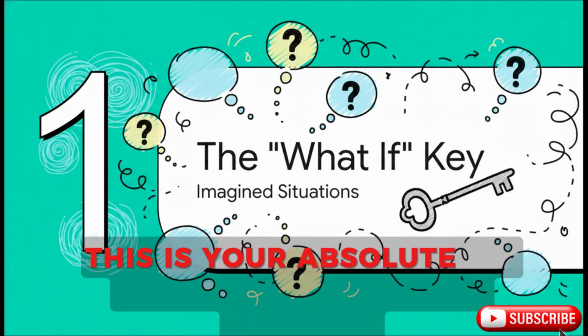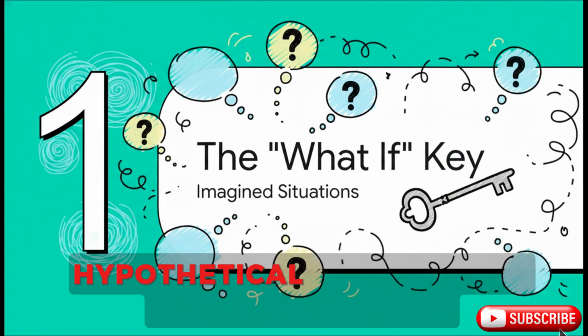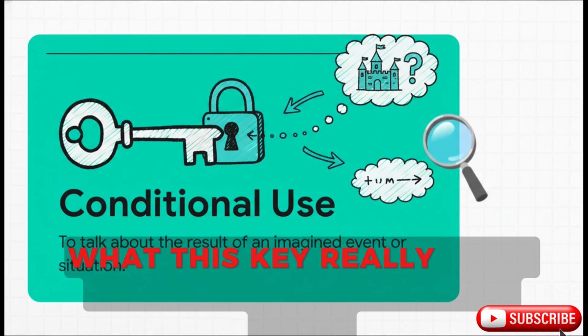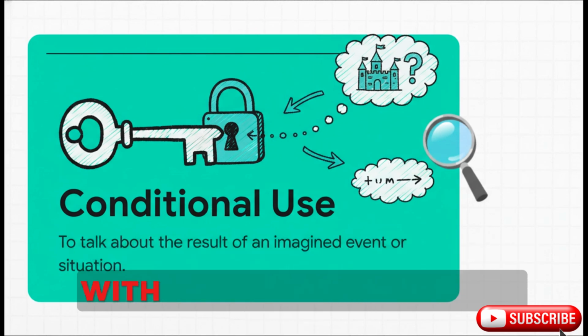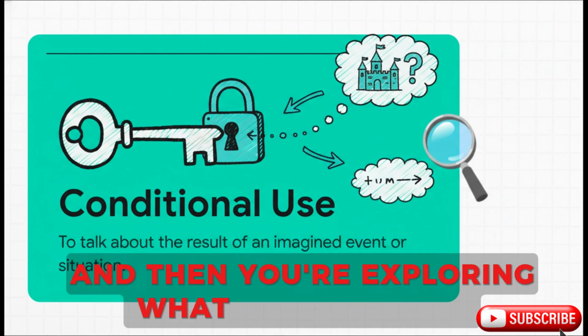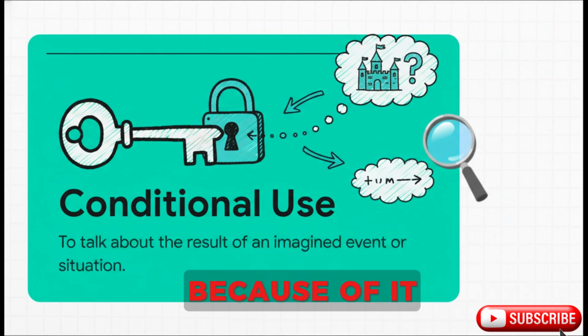This is your absolute go-to for talking about anything hypothetical, conditional, or just plain imaginary. What this key really does is connect an imaginary cause with an imaginary result. You're basically setting up a scenario that isn't real, and then you're exploring what could happen because of it.